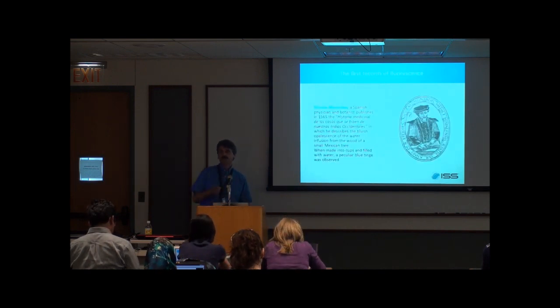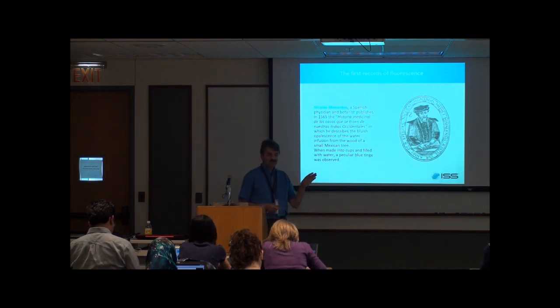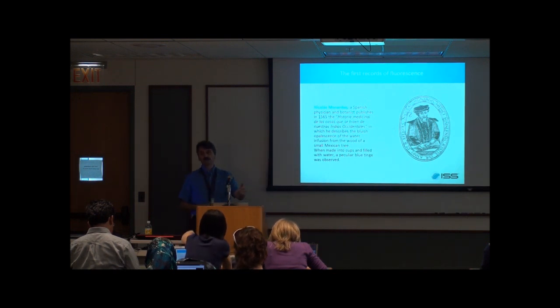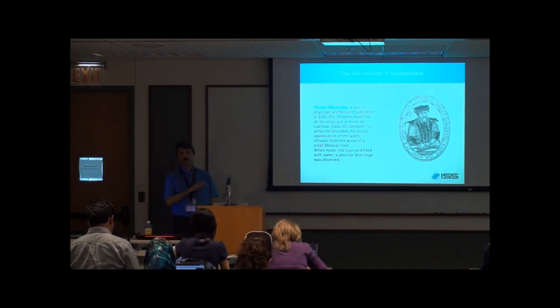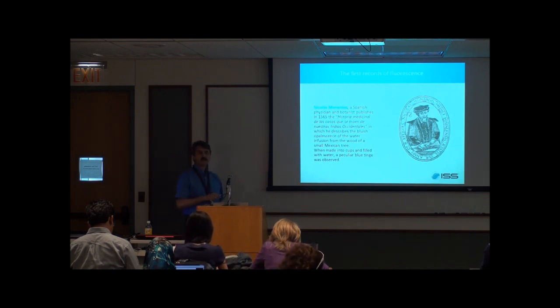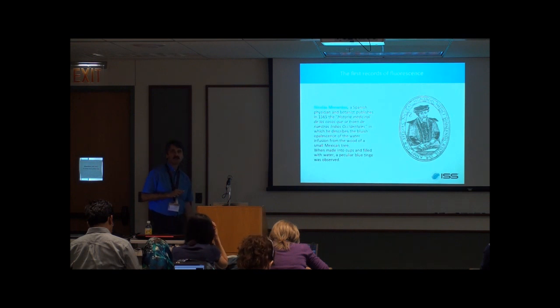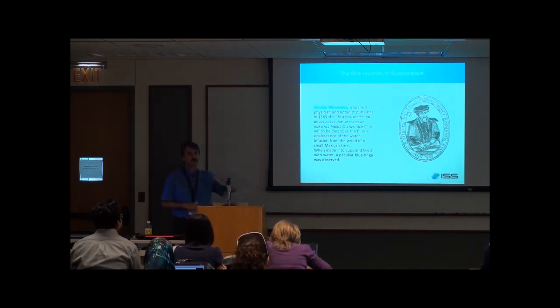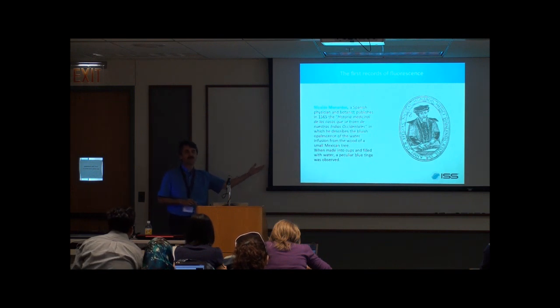Well, let's talk a little bit about the history of fluorescence, and I'll just touch on a few concepts to understand where it comes from, how we got to the knowledge that we have today. The first reports of fluorescence were recorded by this fellow, Monardes. He was a Spanish physician, and he wrote an extended encyclopedia talking about the discoveries in the New World.